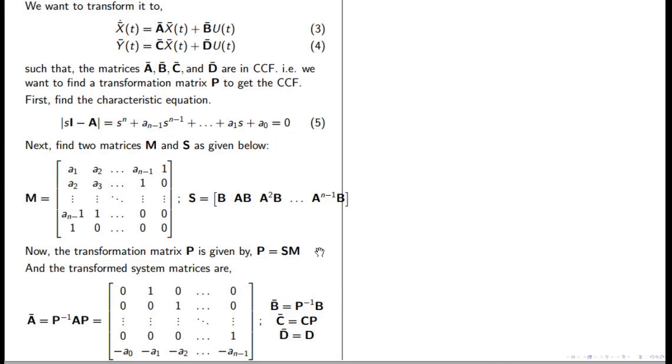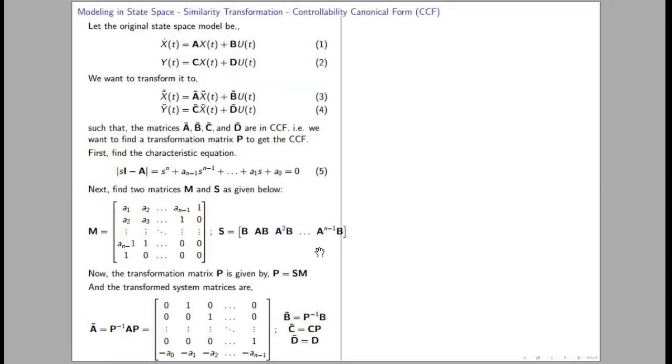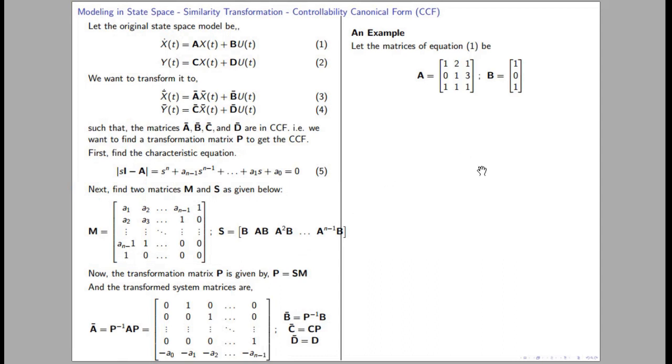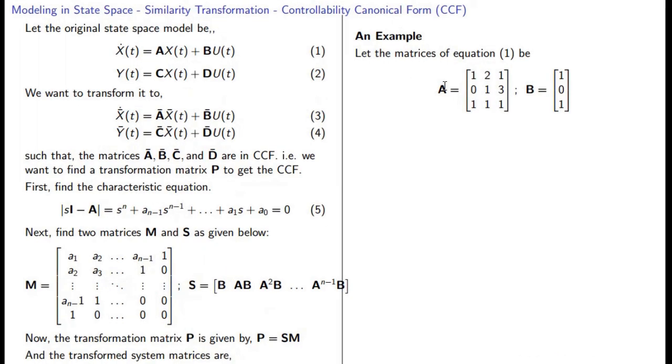Let us illustrate with an example. So let us say the matrices are A equal to 1, 2, 1, 0, 1, 3, 1, 1, 1, and B is a column vector, 3 cross 1: 1, 0, 1. So obviously this is a third order system with 3 state variables.